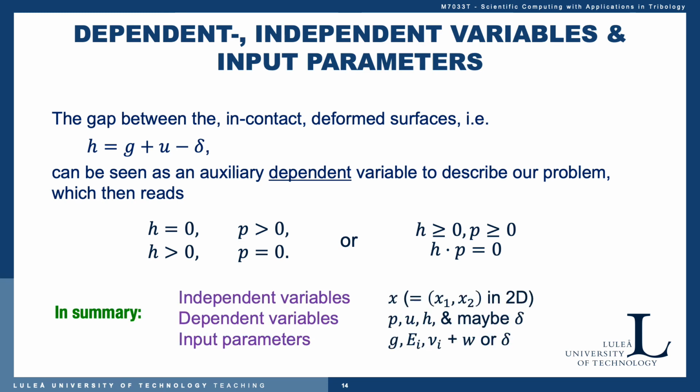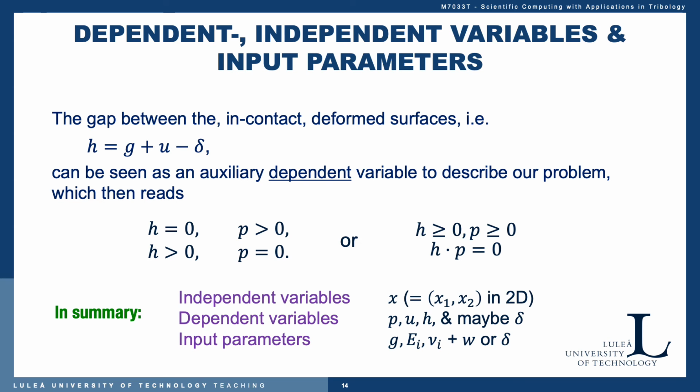In summary, we have as independent variables x, which may be x1 and x2 if it's in 2D, and we have the dependent variables p, u, h, and maybe also delta. It depends on the way we pose the problem.